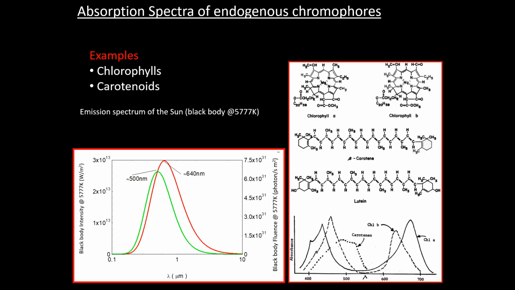Now, this is the why here. I plot the black body spectrum, but referred to the right-hand axis. So this is number of photons per square meter. Number of photons per square meter.